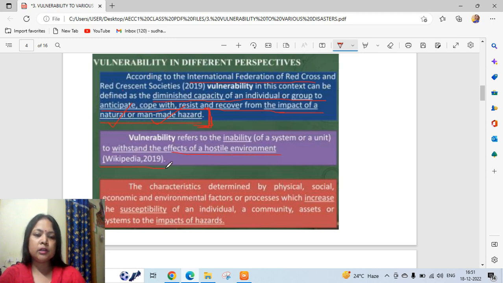It is collected from Wikipedia, according to the definition given in the year 2019. The characteristics determined by physical, social, economic and environmental factors or processes which increase the susceptibility of an individual, a community, assets or systems to the impact of hazards is known as vulnerability.